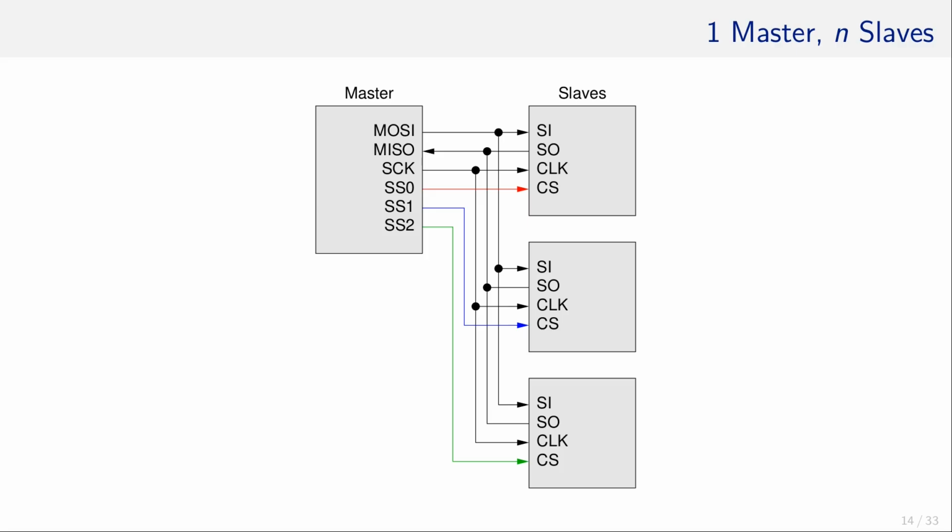Therefore, the master has to select first the slave it wants to communicate to by pulling the appropriate SS line down before even starting to clock SCK. If it wants to communicate to the slave in the middle, the master has to pull down SS1 in blue, while the other lines, that is SS0 and SS2, remain idling in a high state.